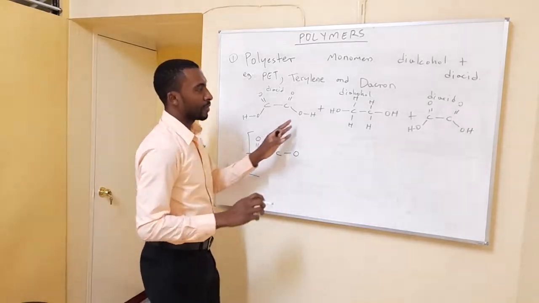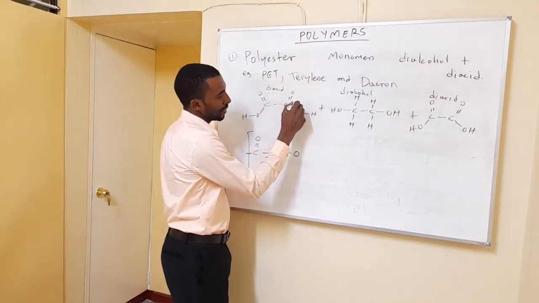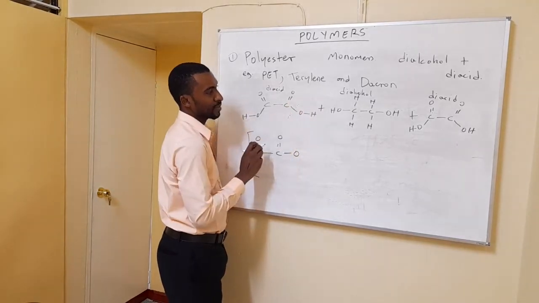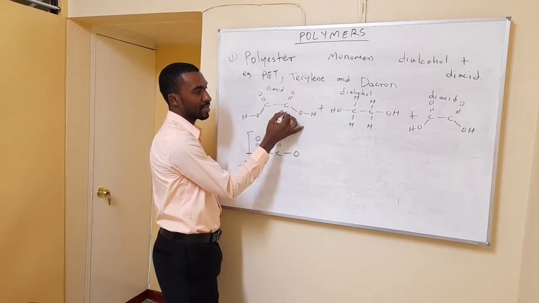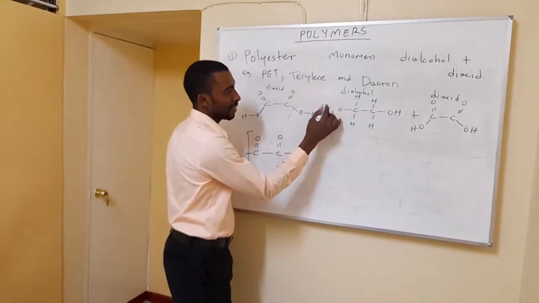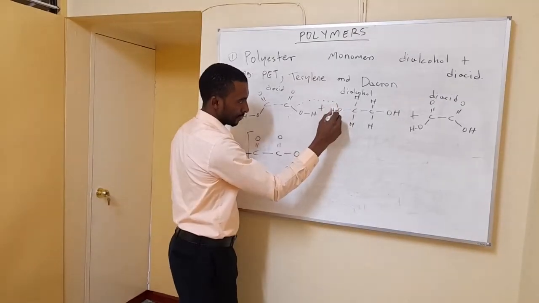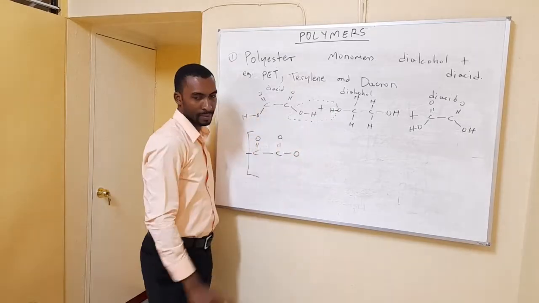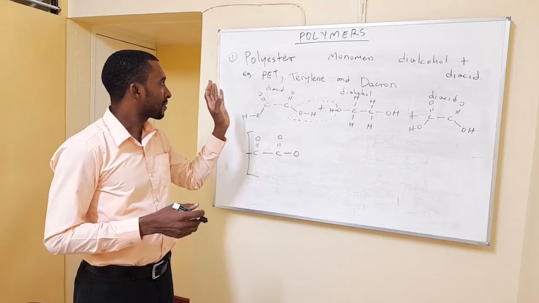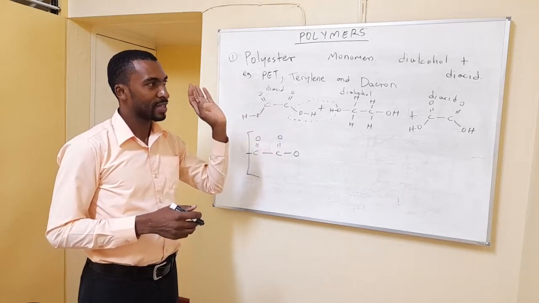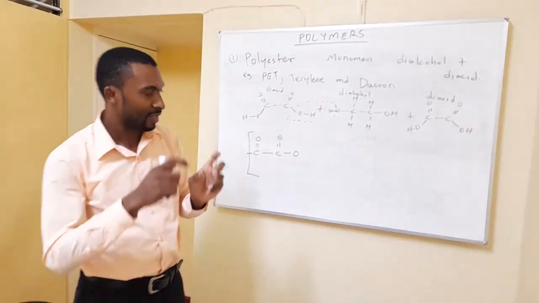Alright, now, whenever you have an acid react with an alcohol to form the ester, the OH group that is going to form the water after condensation, the OH is taken from the acid component and the hydrogen is taken from the alcohol. So whenever we have a condensation polymer which is a polyester, it's between a dialcohol and a diacid.